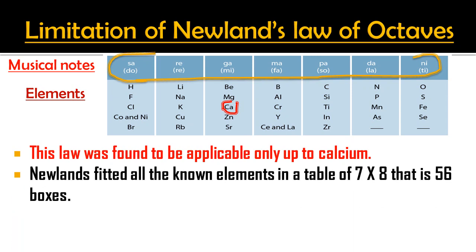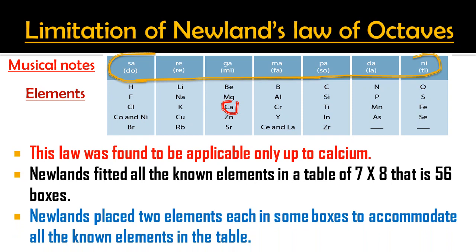Newlands fitted all the known elements in a table of 7 by 8, that is 56 boxes, which means 7 periods and 8 groups. Newlands placed two elements each in some boxes to accommodate all the known elements in the table.